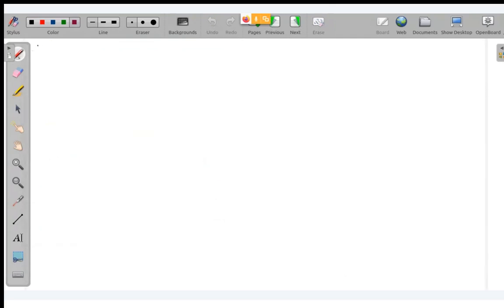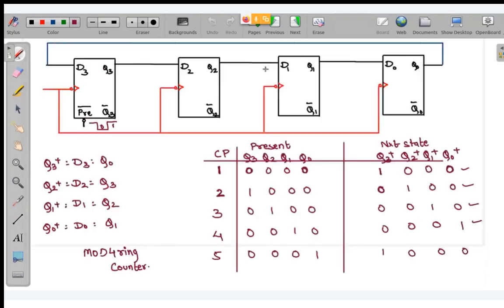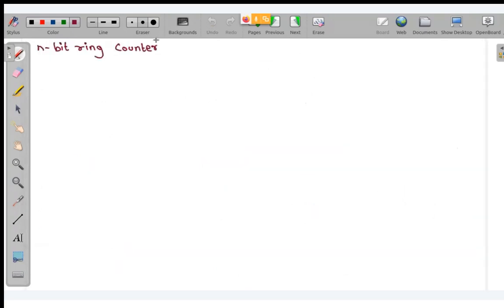So suppose we have an n-bit ring counter, then how many will be your used states? Over here we had a 4-bit ring counter, so the used states were 4.